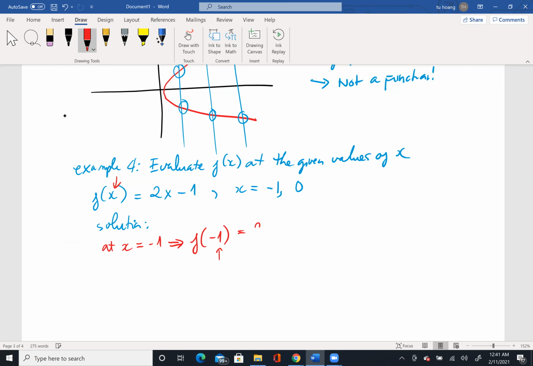And that equals 2 times, with x changed to be negative 1, minus 1. And that's going to give me 2 times negative 1 is negative 2, minus 1. That equals negative 3. Okay.